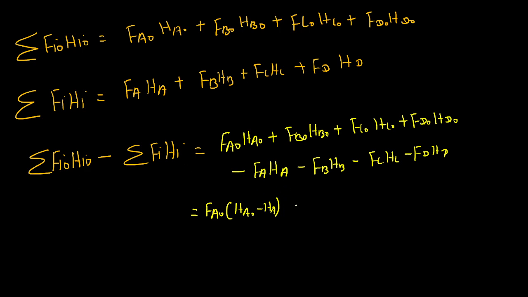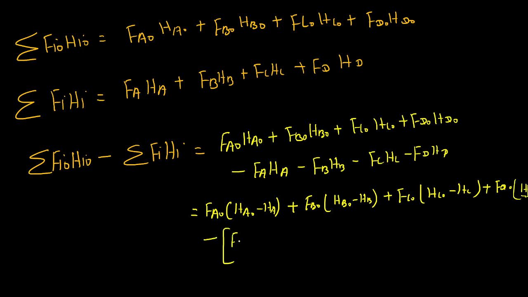So now I can write here that is equals to plus Fb naught, Hb naught minus Hb plus Fc naught, Hc naught minus Hc plus Fd naught, Hd naught minus Hd minus Fa naught Xa.